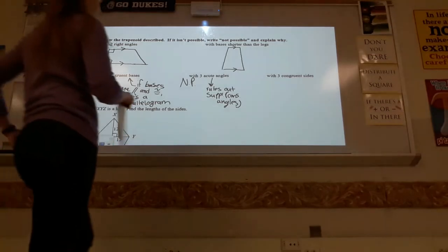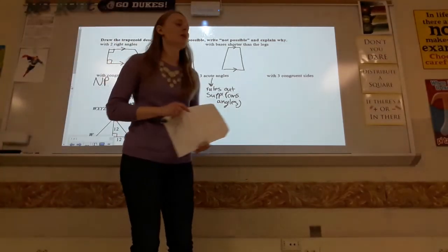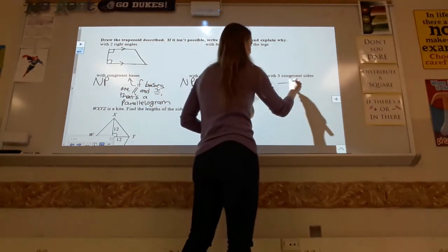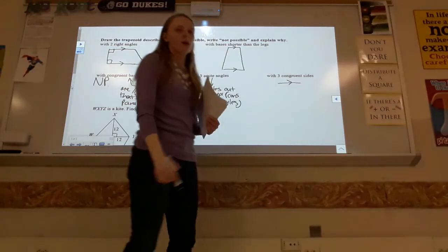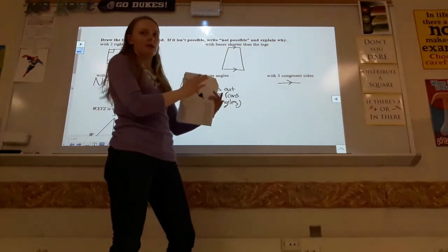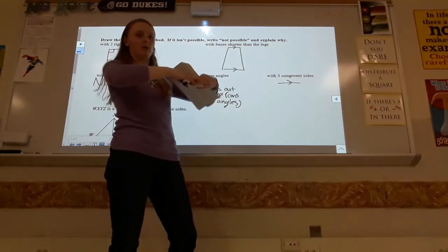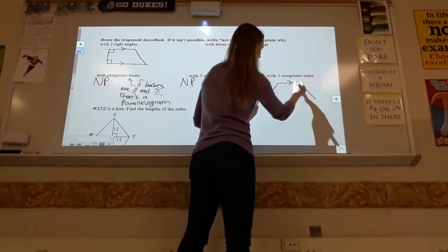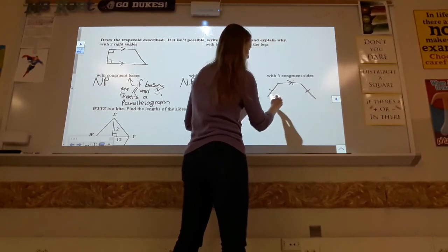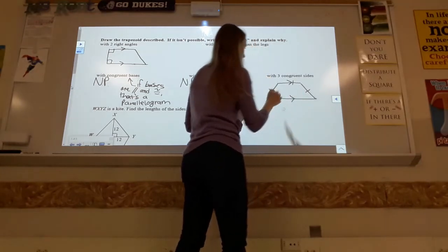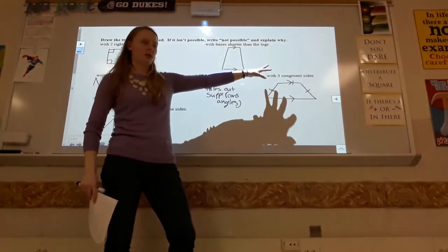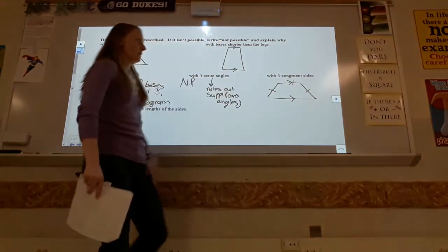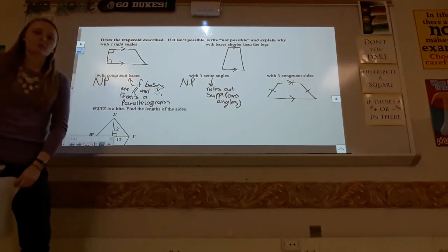Hopefully for this one, you guys are able to conclude that yes, you can. So for this one, if you have your first base like this, and then you get the two legs to match that length and then swing them out. So I can't draw it perfectly, but if you draw it like that, so your 2 legs and your 1 base are equal, they kind of swing out like that to make the other one a little bit longer. That's how you can draw a trapezoid with 3 congruent sides.